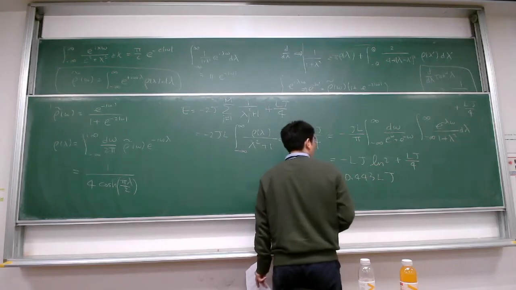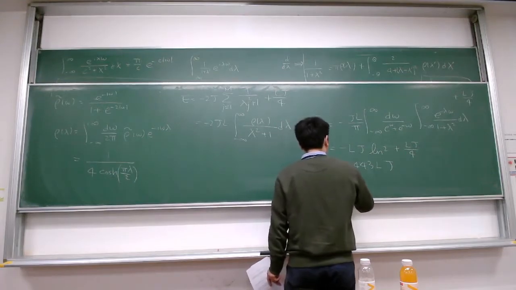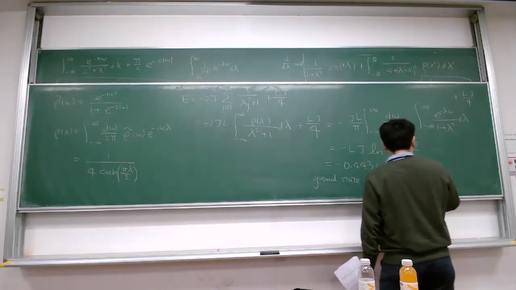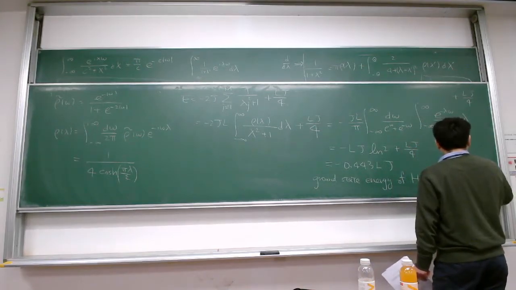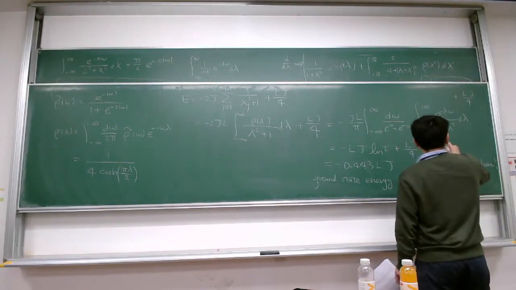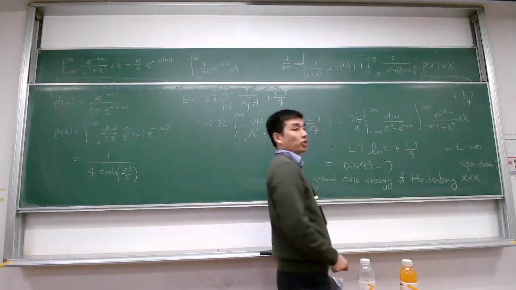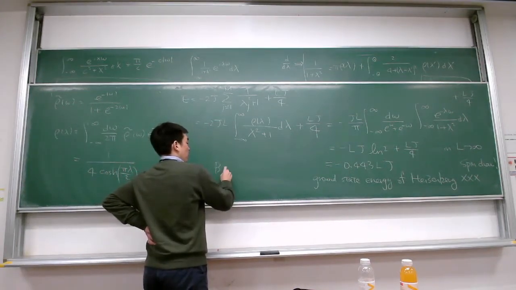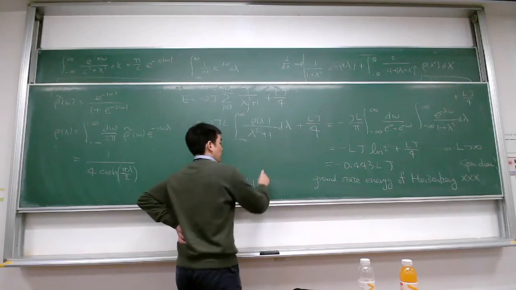And this is the ground state energy of the Heisenberg XXX spin chain in the continuous limit, where L is very large. And this is called the Bethe exact solution.